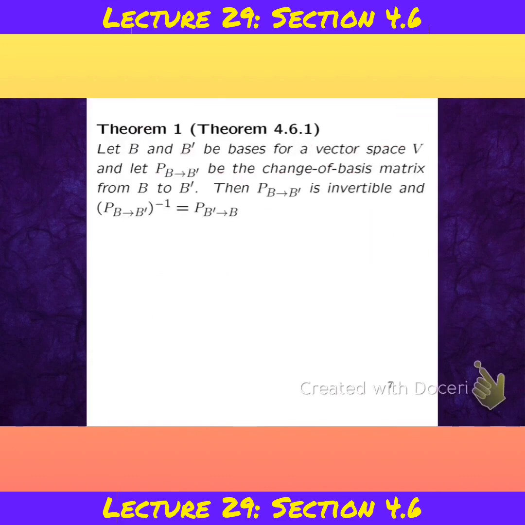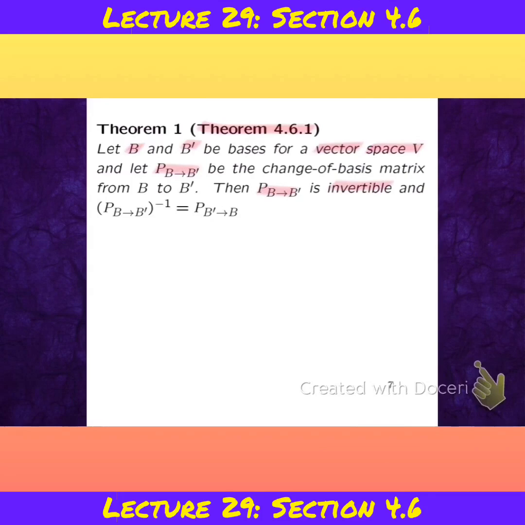That brings us to our first theorem, which says something about the change of basis matrix. Given two bases for a vector space V, the change of basis matrix from B to B prime is always invertible.